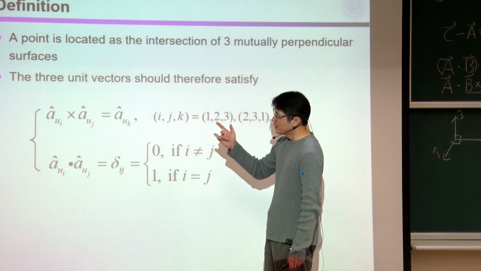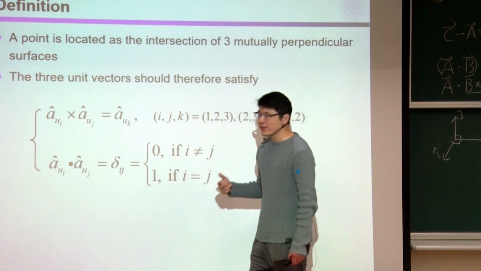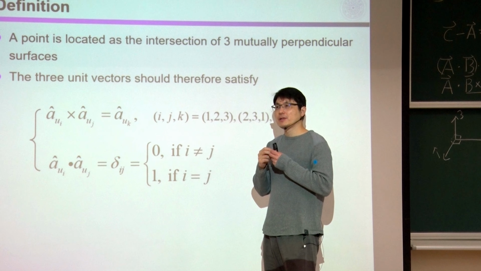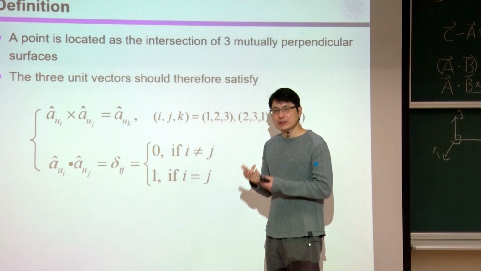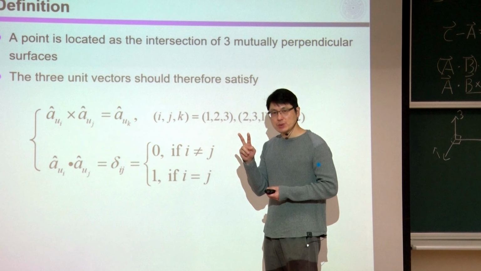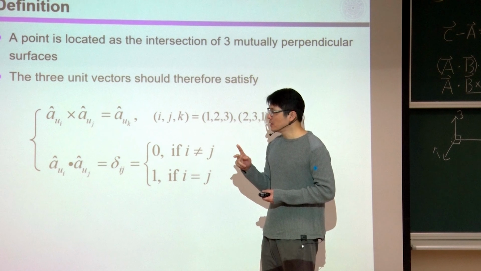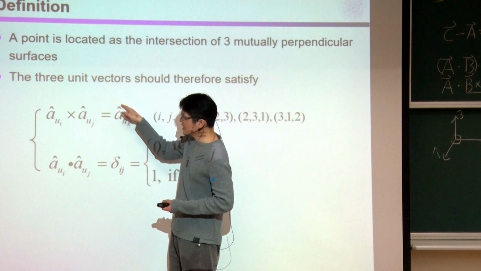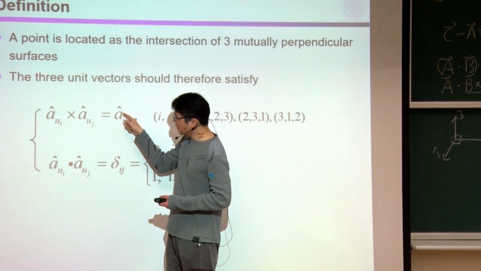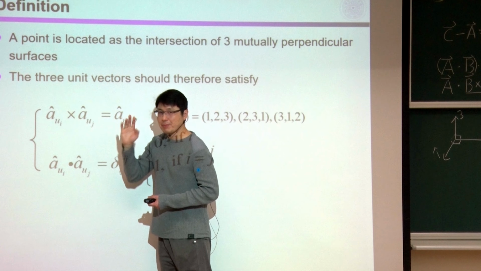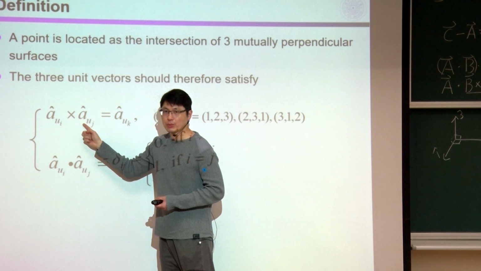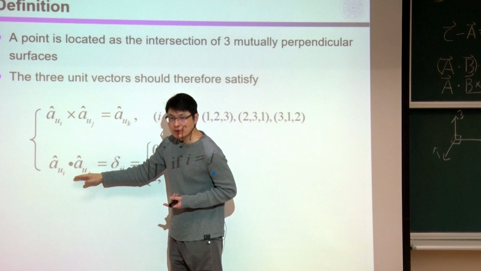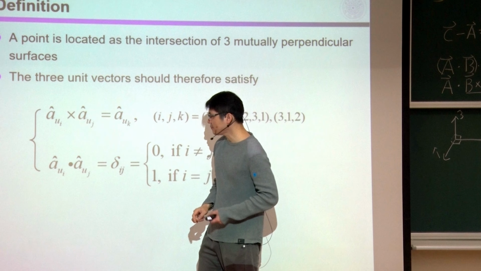Then we need to add another constraint to satisfy and guarantee each two of them are perpendicular. Because the first one only tells you the third one is perpendicular to the second one and also perpendicular to the first one, but there's no guarantee the first one and the second one are also perpendicular, right, up to now. So we need to ensure that here.